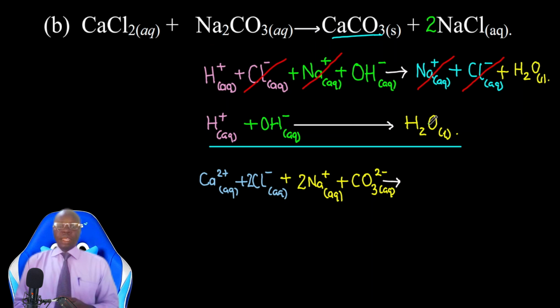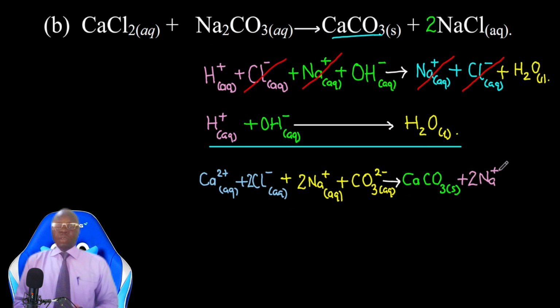So the next one here is writing this calcium carbonate, because it is solid, so it's not going to ionize. So we have here calcium carbonate, which is solid, and the next one here is simply sodium ions.